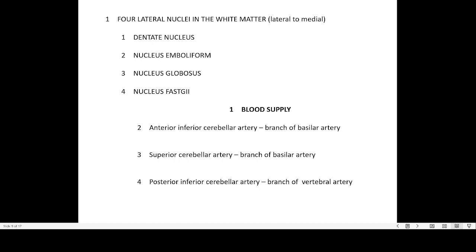The four important nuclei are the dentate nucleus, nucleus emboliformis, nucleus globosus, and nucleus fastigii. These four nuclei are important in relation to position.